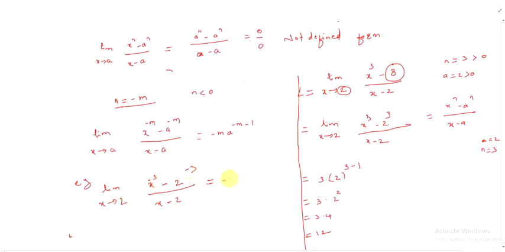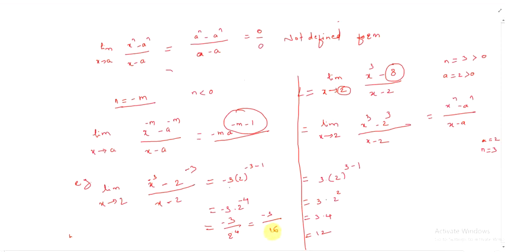Then by using the above result, minus 3 into 2 raised to minus 3 minus 1 according to our result, is equal to minus 3 into 2 raised to minus 4. That is minus 3 upon 2 raised to 4, that is minus 3 upon 16. This is the limit.